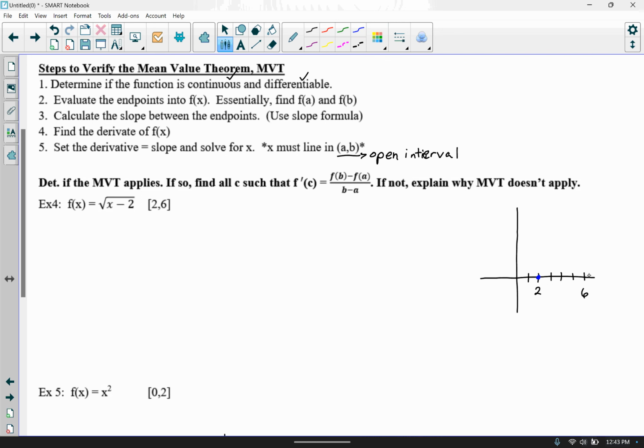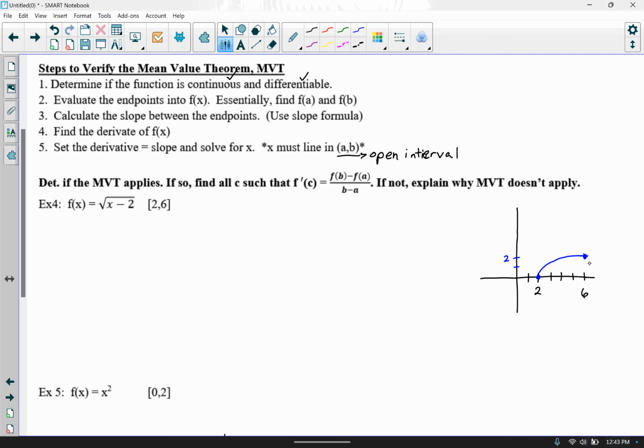And then if I plug in 6, 6 minus 2 is 4. Square root of 4 is 2. You can use your calculator as well, but hopefully you remember what square root functions look like. Roughly something like that. I won't put an arrow there because we are just looking at it from 2 to 6.